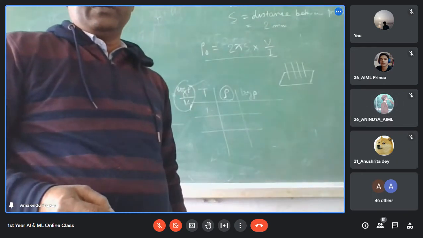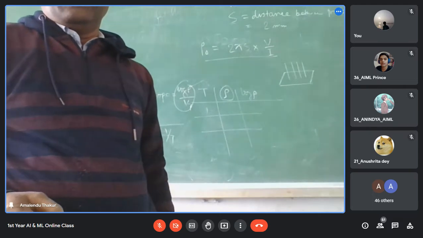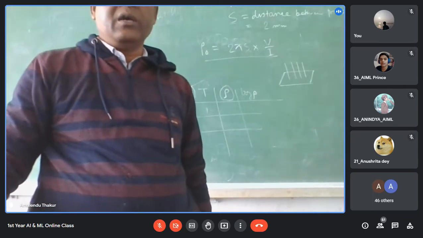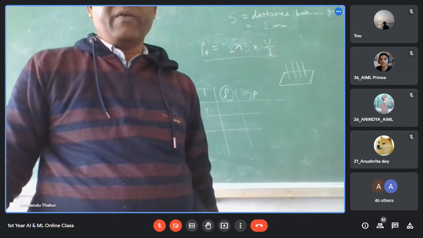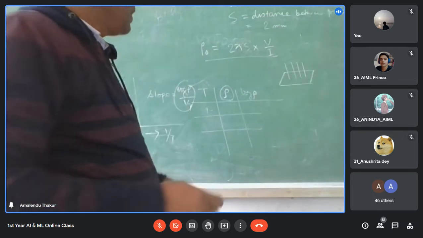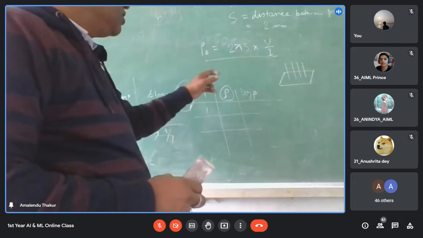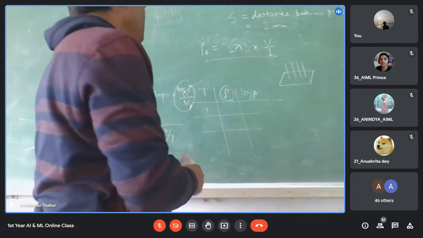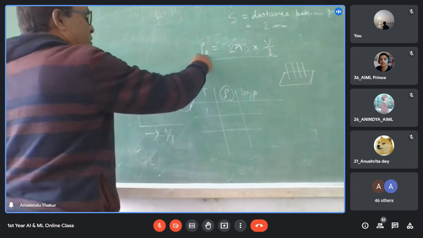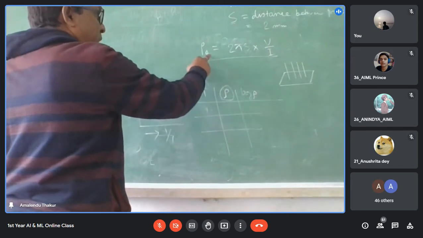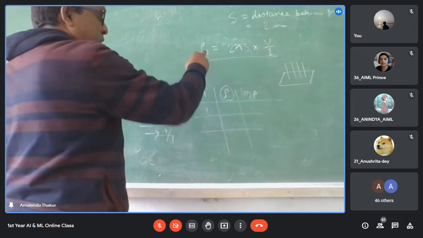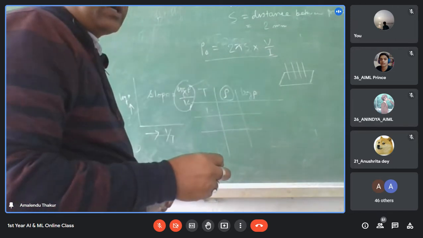But here we use a correctional term which is required for this experiment. To get the actual resistivity of the semiconductor, which is called rho, the basic formula is rho naught, but here we have to use a correctional term.